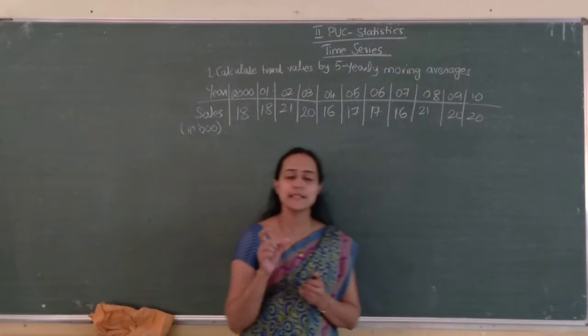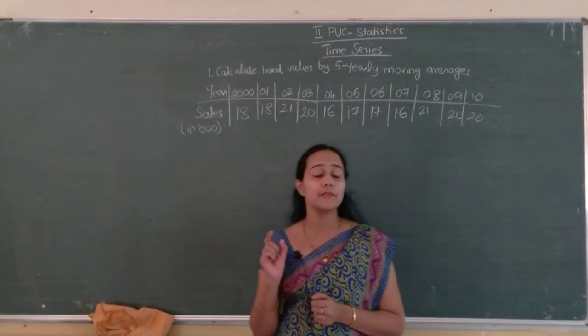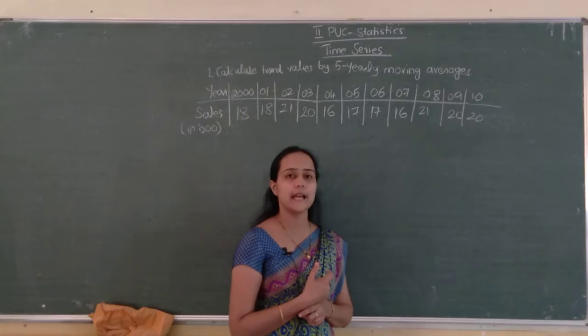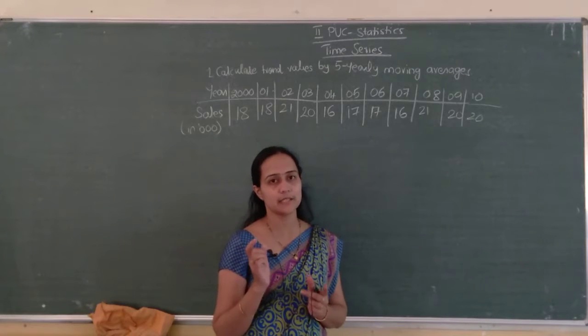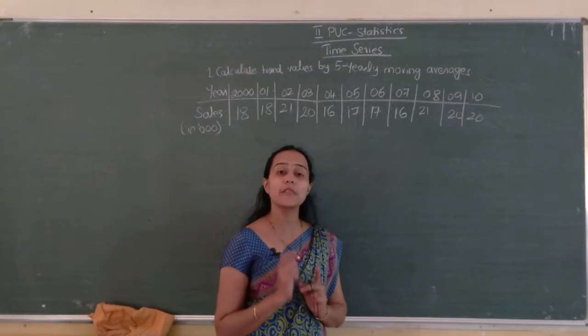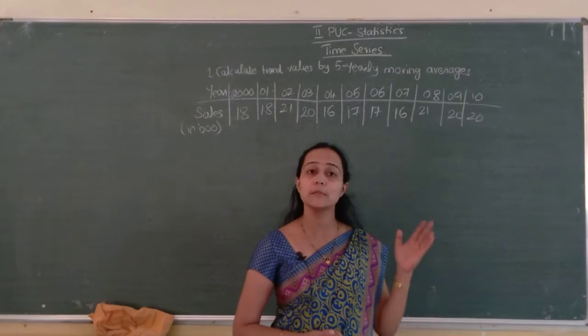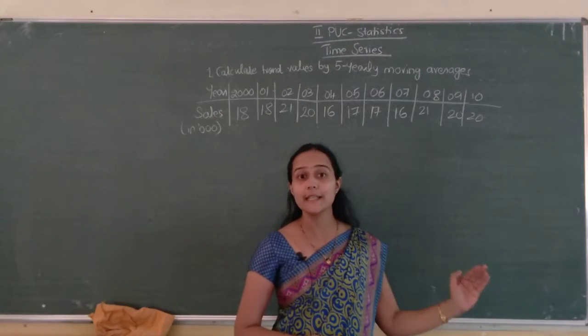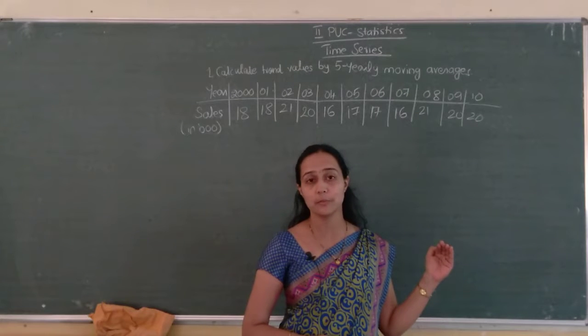Okay, so just read the question first. Compute trend values by finding 5 yearly moving averages. Here we have to find 5 yearly moving averages, not 3 yearly. So what is the difference here? While computing moving totals, we have to take 5 years, isn't it? 5 yearly moving totals we have to compute.